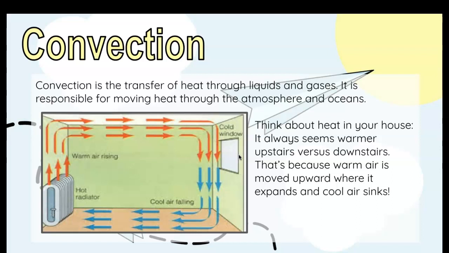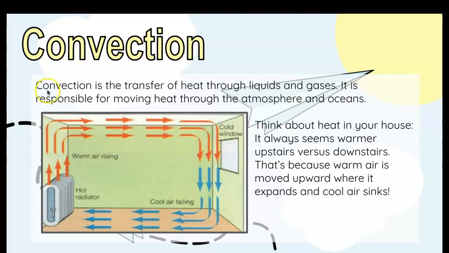Think about it when you think of a house. If you live in a two-story house especially, you'll understand this. During wintertime, it always feels so much warmer on the second floor than it does on the first floor. That's because when things are heated, heat rises until it's cooled, and then it falls down as cool air.